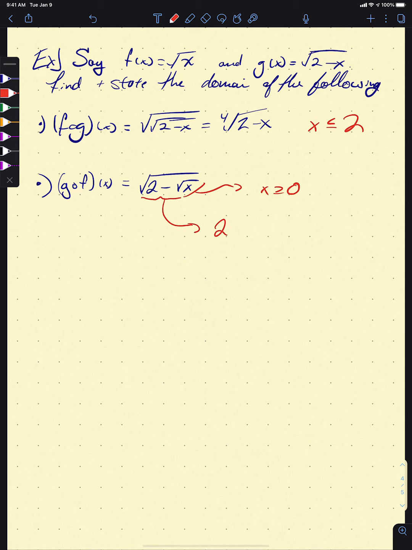But then this guy here also tells us that 2 minus the square root of x has to be greater than or equal to 0. If you rearrange this, you're going to get that the square root of x has to be less than or equal to 2, or taking squares, x is less than or equal to 4. We need both of these cases to hold, which means we're going to take their intersection. So our domain becomes everything between 0 and 4, inclusive.